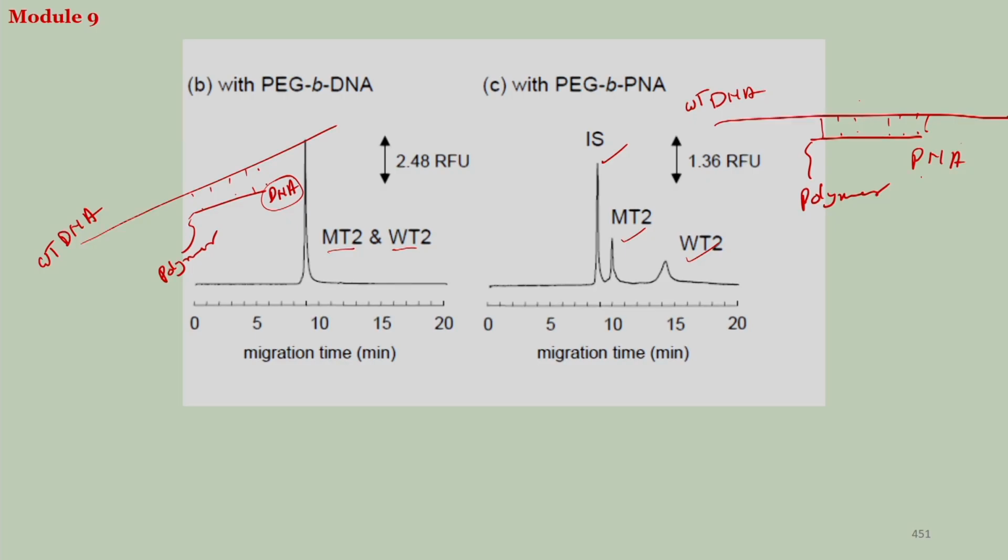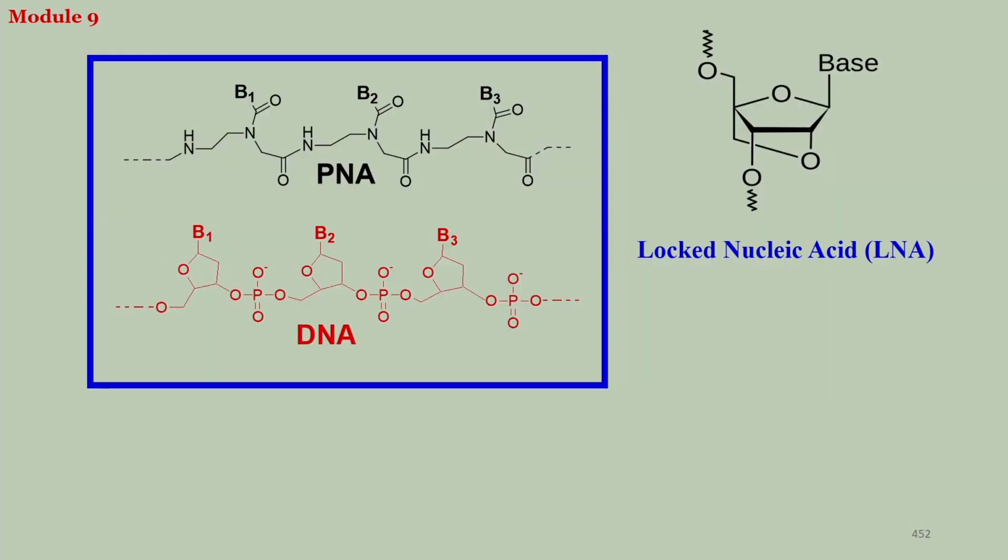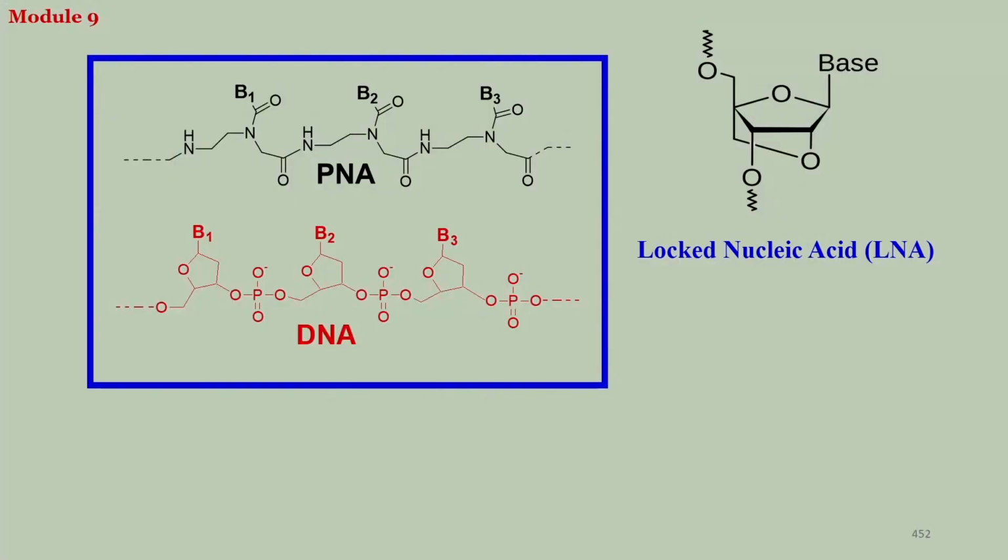So, there are plenty of examples using the PNA and using LNA, using other oligonucleotides, to show that their target affinity is pretty high and pretty selective. That is what you mostly want, pretty selective. So, this is the PNA structure, this is the LNA structure.